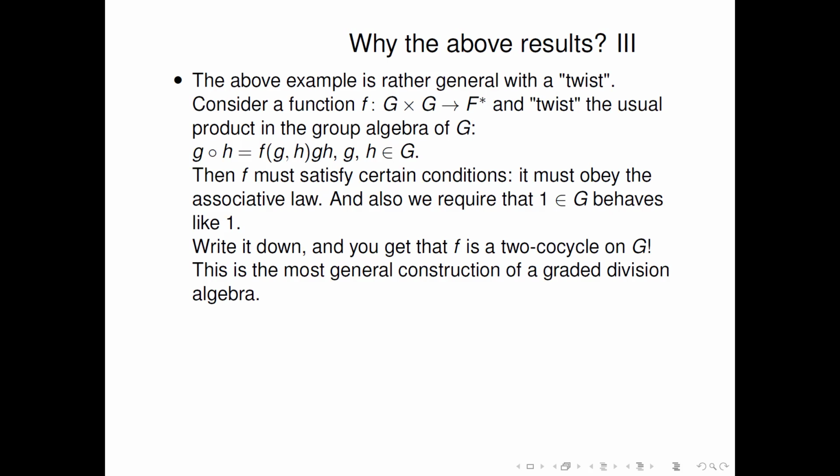F, of course, must satisfy some conditions in order to be associative. And then we also require that the neutral element in G behaves like 1. If you write it down, you get that F must be a 2-cocycle on G. And in fact, in this way, you get the most general construction of graded division algebra.